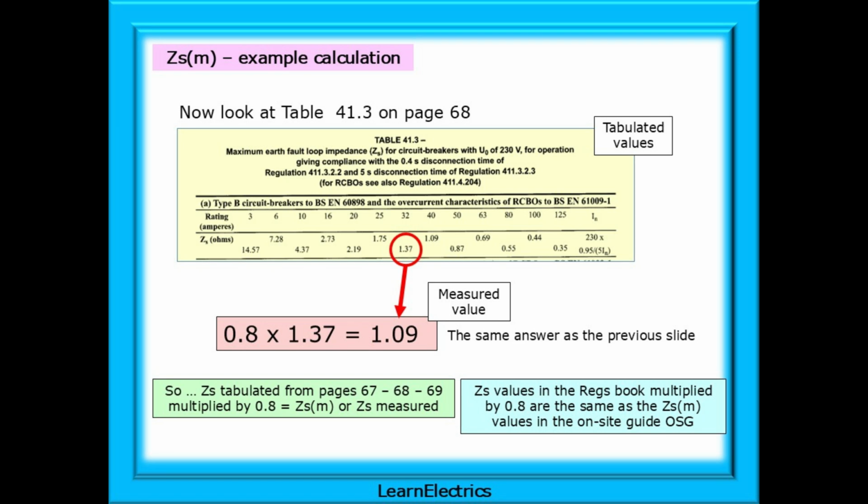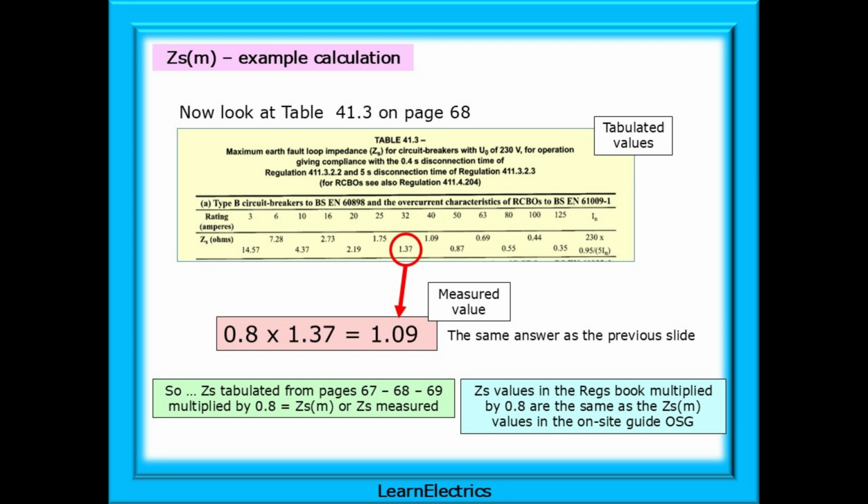If we multiply 1.37 by 0.8, we will have 1.09 ohms for ZS measured. So ZS tabulated from pages 67, 68, 69 multiplied by 0.8 will give us ZSM, or ZS measured.